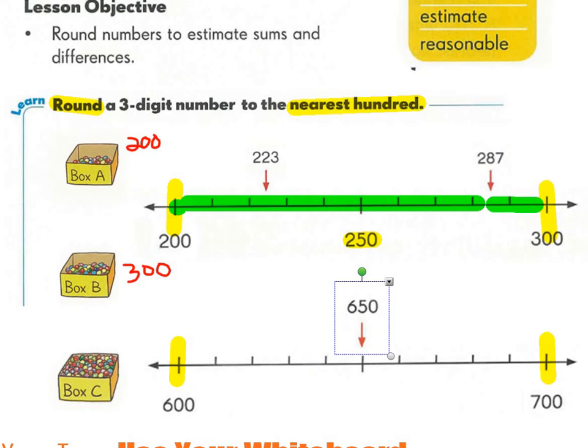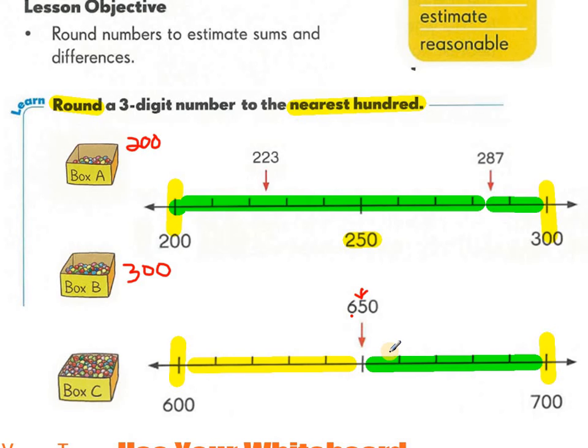Oh, I feel a little bit confused right now because when I look at this, my eye sees that this distance from 600 to 650 and the distance from 650 to 700 is pretty much the same.